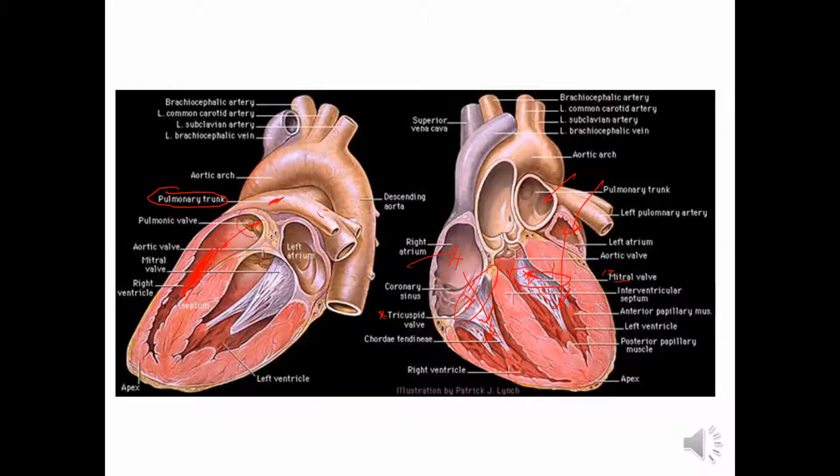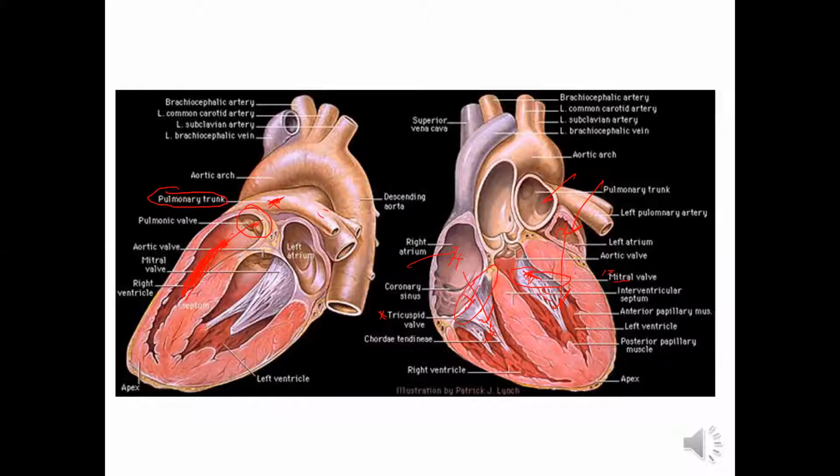Now there's a valve right here between the right ventricle and the pulmonary trunk, very important. These valves are not AV valves anymore. Remember, the bicuspid and tricuspid were atrioventricular valves, where blood was going from the upper to the lower chambers, not leaving the heart. But now blood is coming from the right ventricle into the pulmonary trunk. It's leaving the heart.